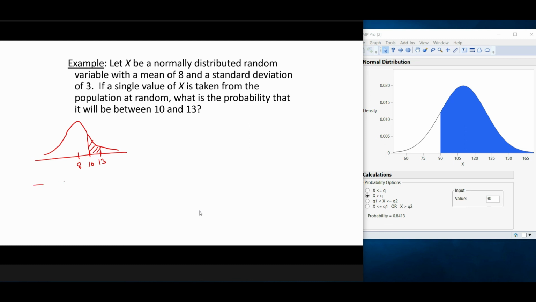So what I can do is put this in standard units and figure out the area between the z values that correspond to 10 and 13. So the probability that x is greater than 10 but less than 13, if I standardize this, I'll take (10 minus 8) over 3 is less than (x minus mu) over sigma is less than (13 minus 8) over 3.